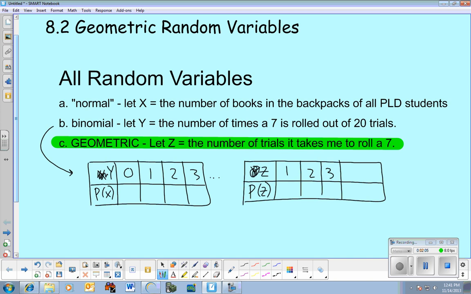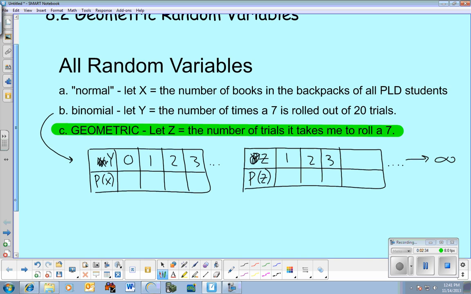The interesting thing about the geometric is technically it goes up to infinity, because if you have a certain probability of succeeding and a certain chance of failing, theoretically you could keep on trying forever and never succeed. And most things eventually you'll succeed, but there's a slight probability that you keep going on and more trials, so this histogram would keep going on.